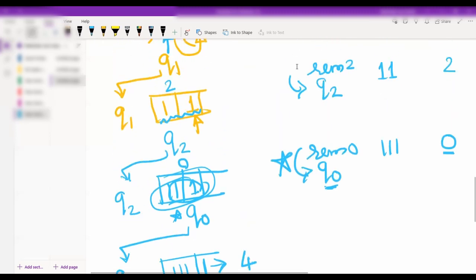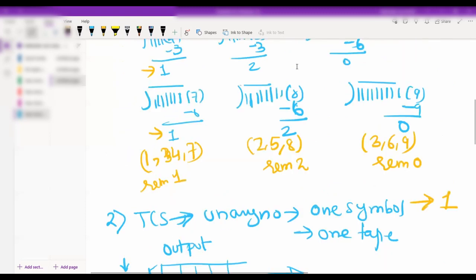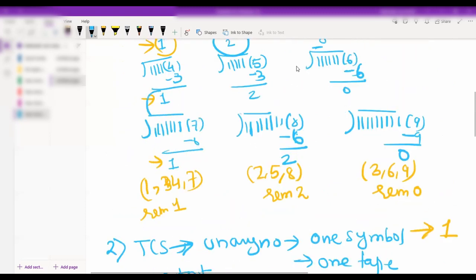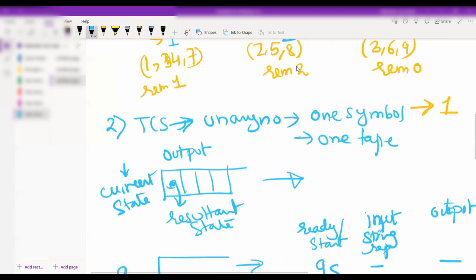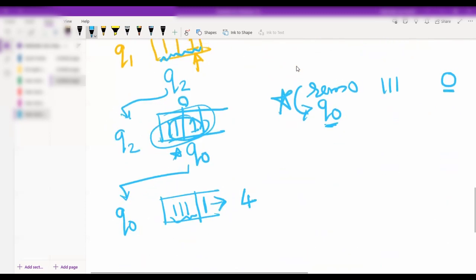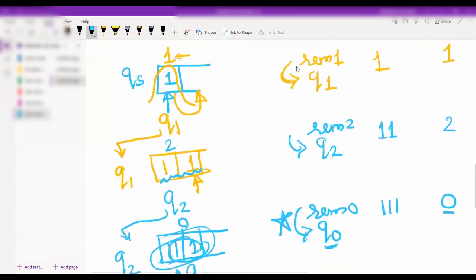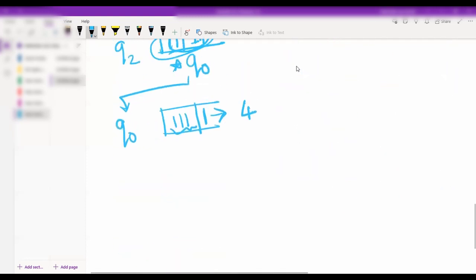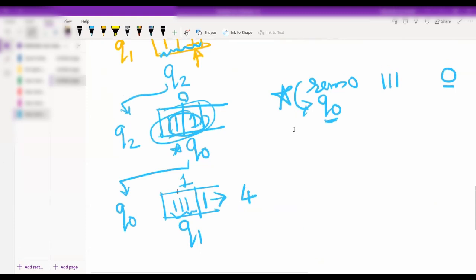What was the scenario with number 4? Number 4 gives output remainder 1. This condition is already considered, and we have given it the name Q1, because Q1 is the state which has generated remainder 1. So this state is already considered.